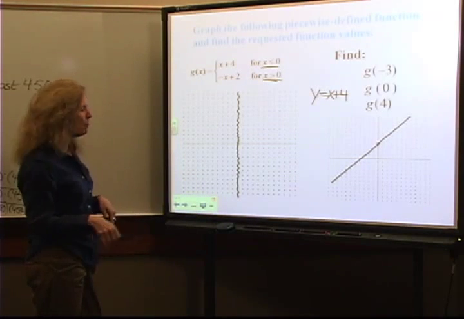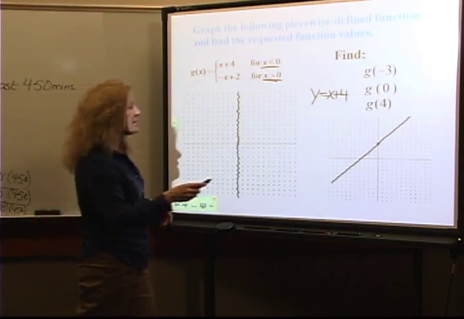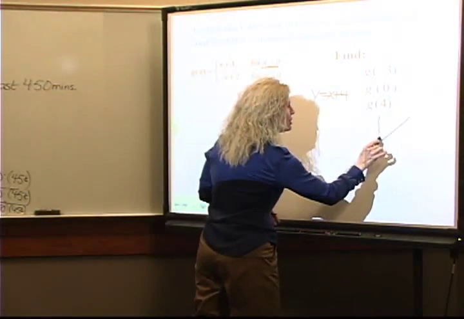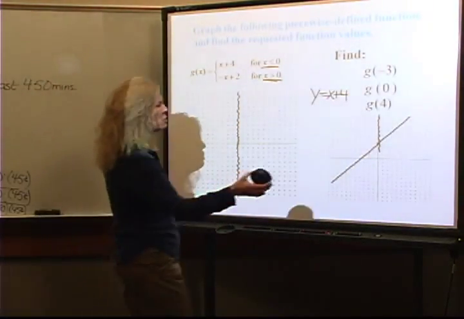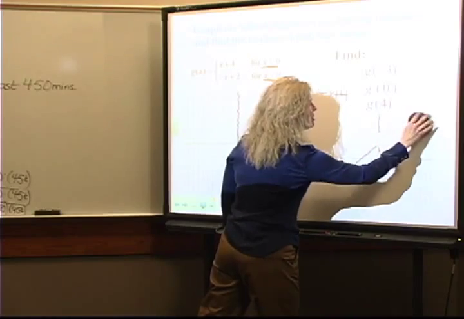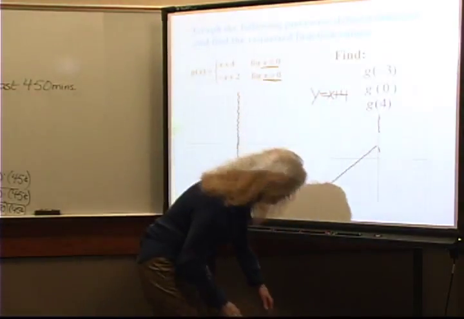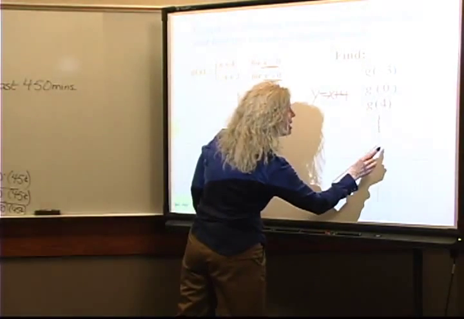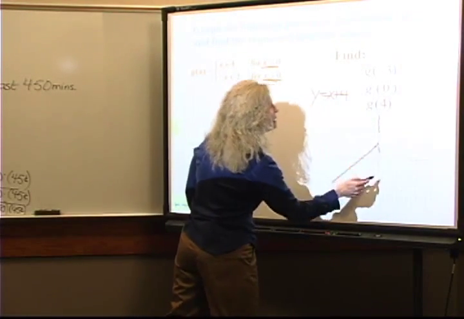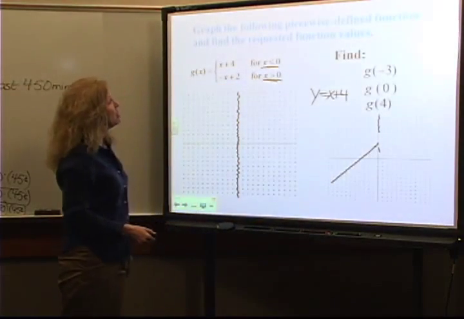It's just a little helper here. So essentially, I need to cut this right here. And if you'd like, you do what's going to work well for you. You could erase this part of the graph.